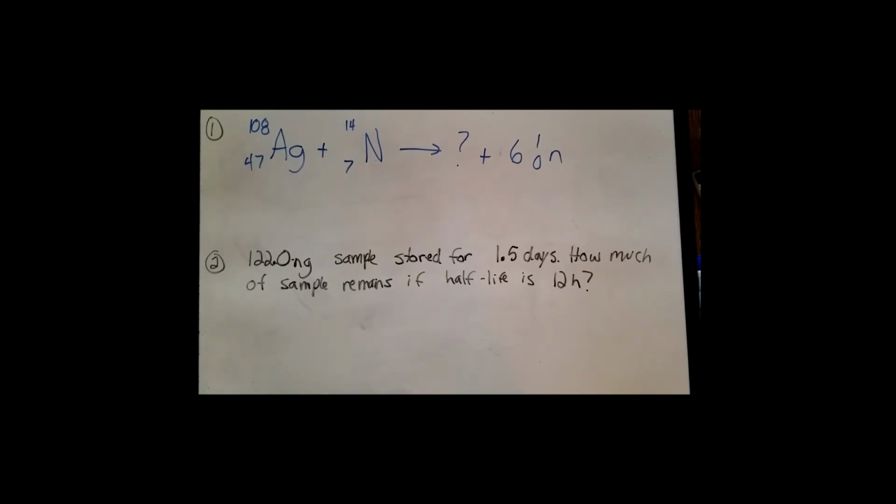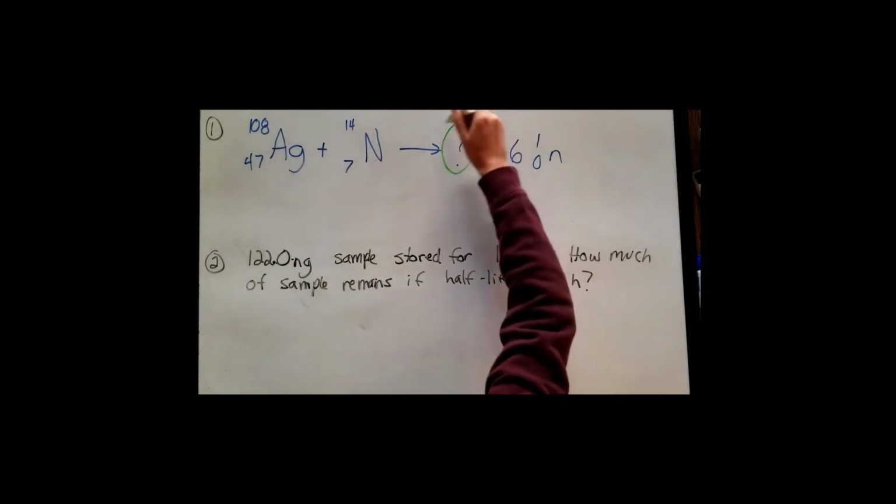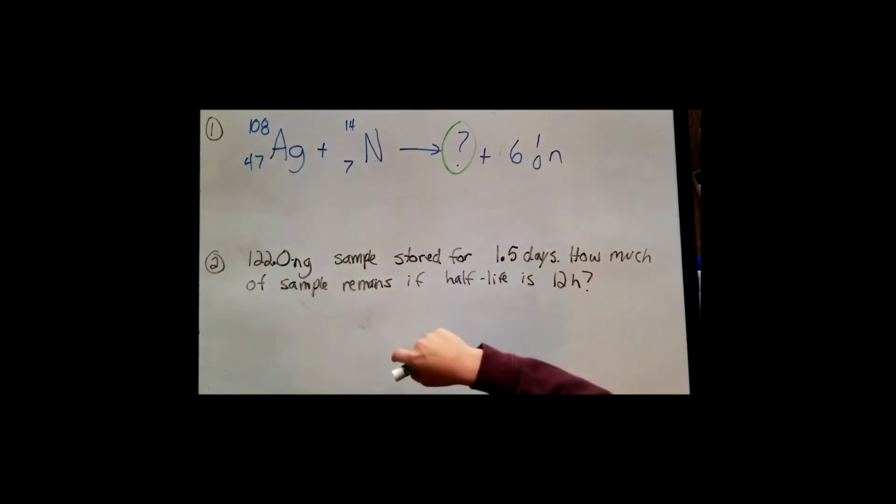So first off, let's just add up the mass number on the reactant side, since we know what that is, right? Because here's our question mark. This is what we're trying to figure out. So in order to figure that out, we need to know what we're comparing it to.